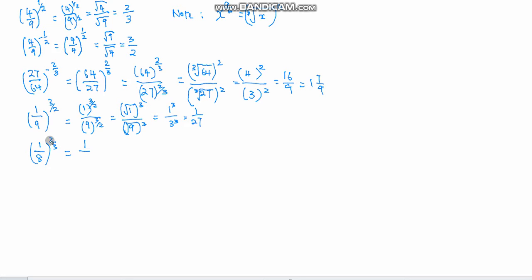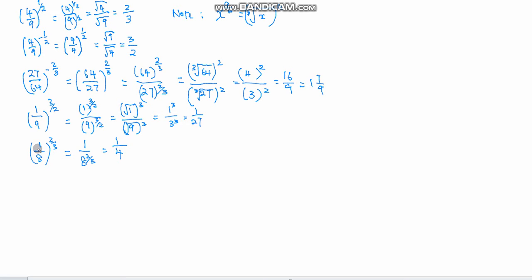Don't bother about what power, what index is on the 1, because if you consider a positive value of 1, then it still remains 1. So you just deal with 2 over 3 on the 8: cube root of 8 is 2, 2 to the power of 2 becomes 4. That's it.